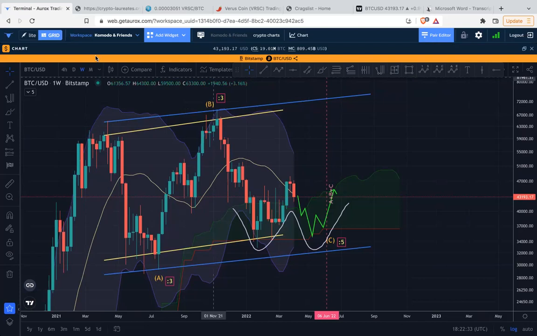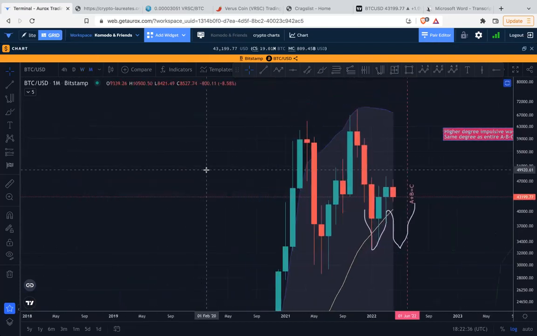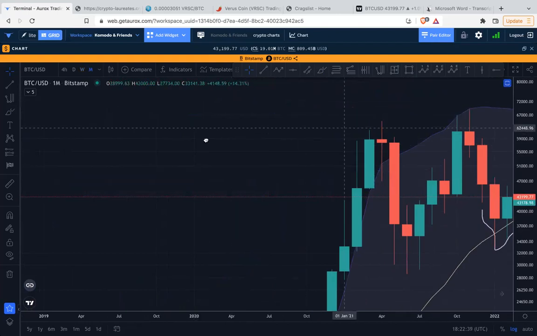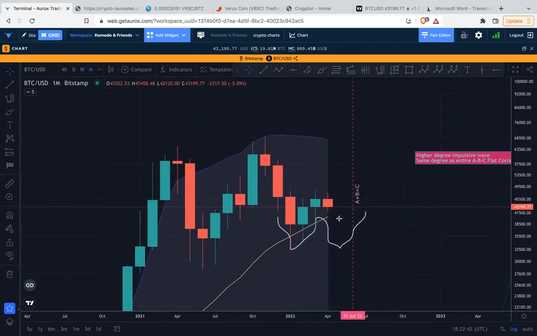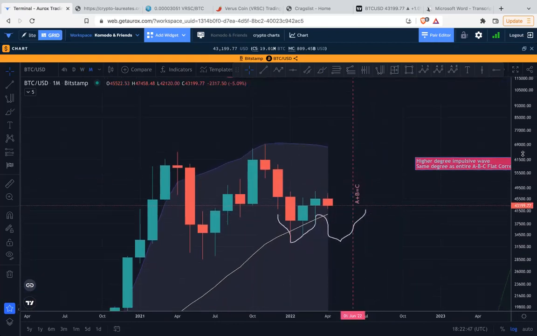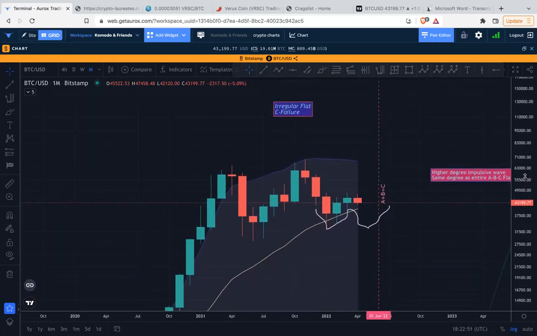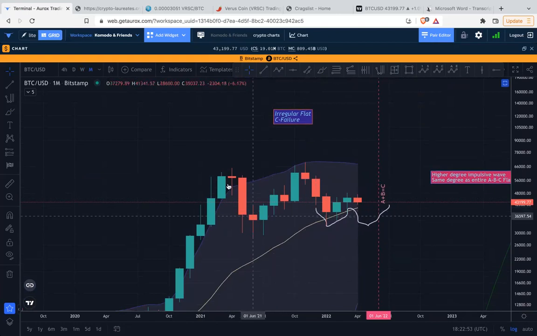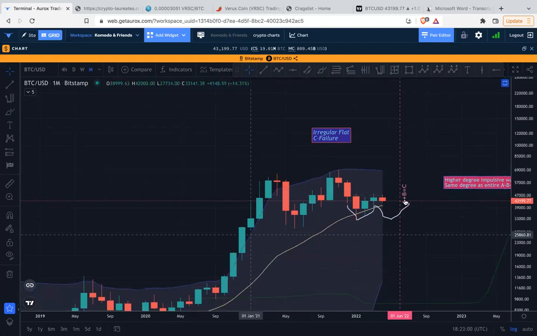And until next time, the other thing I wanted to share is on the monthly. The big danger is this 20-month moving average. That's really the question.